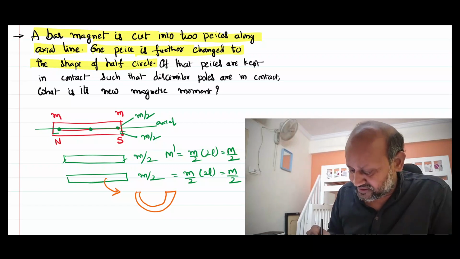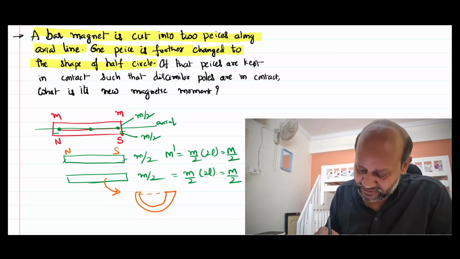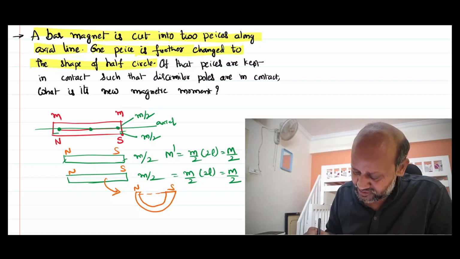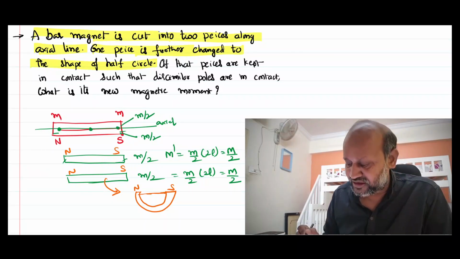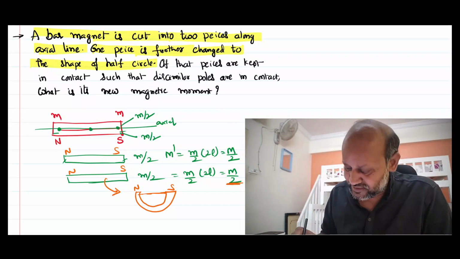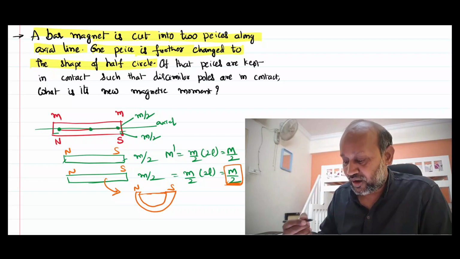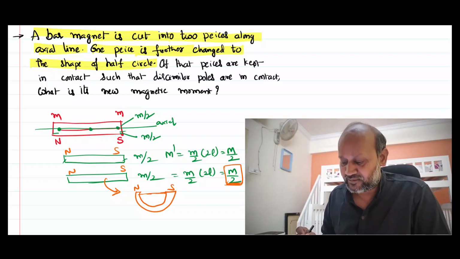As the distance between the poles has been changed, though the poles remain the same, north and south, the distance between the poles got affected, and hence the magnetic moment of this piece is no longer M by 2. It gets changed. To what it changes, we need to find out.